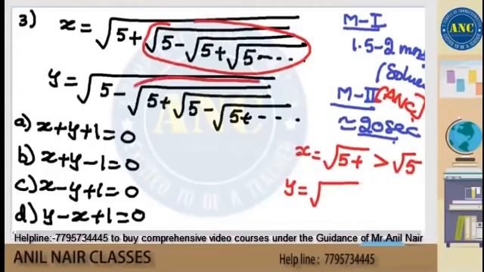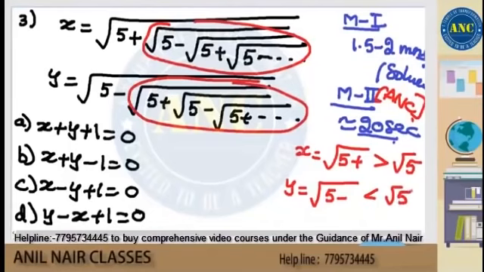Root of 5 minus root 5 minus, that means it is less than root 5. I hope it is clear. Root of 5 plus means it is greater than root 5. Root of 5 minus means it is less than root 5. That means x is greater than root 5, y is less than root 5. Can I say x is greater than y? x is greater than y, right?